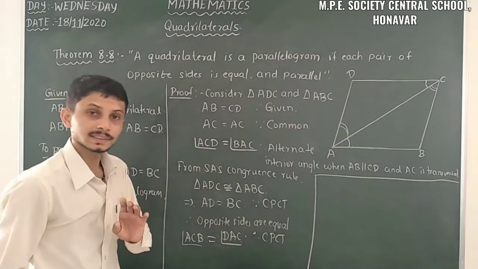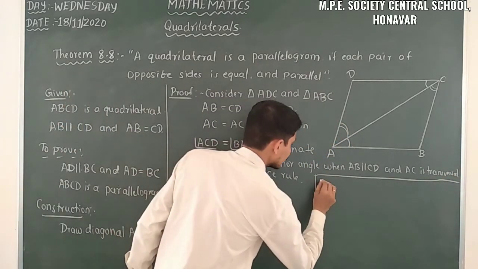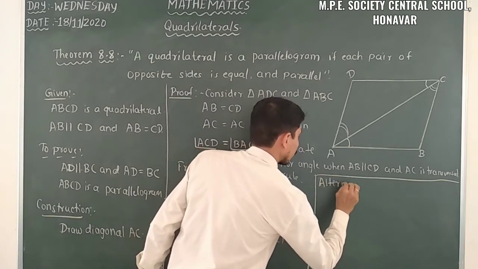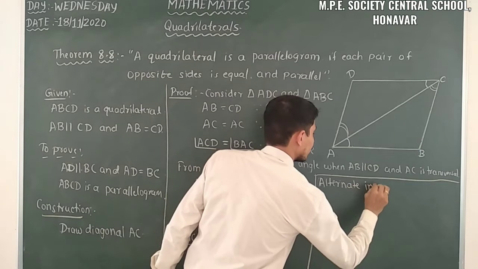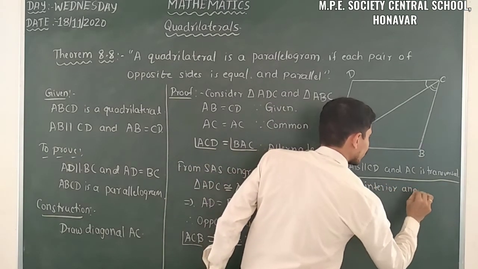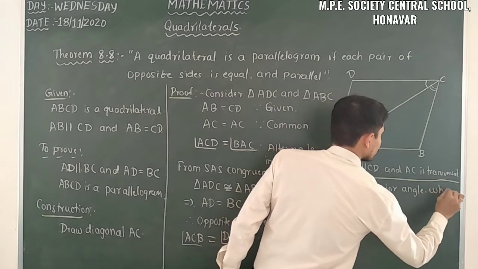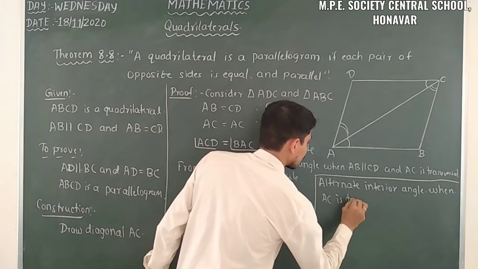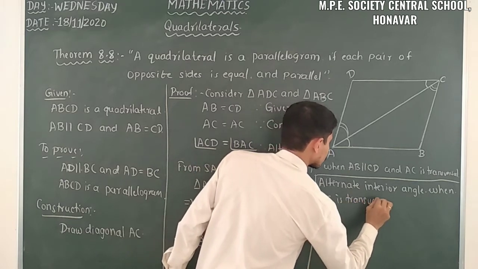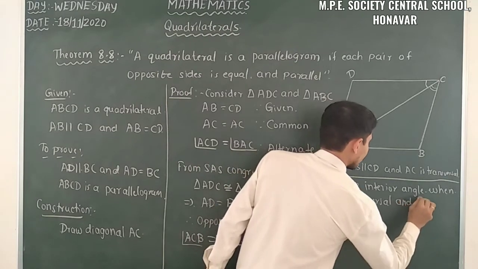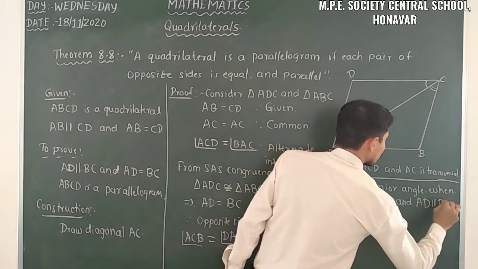Also, these are alternate interior angles when AC is a transversal and AD is parallel to BC.